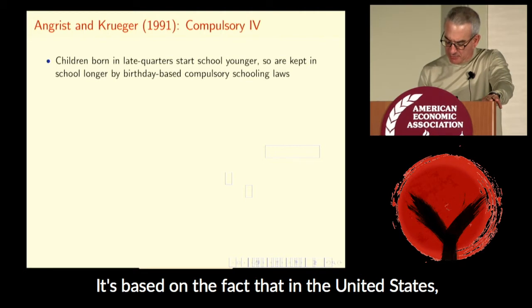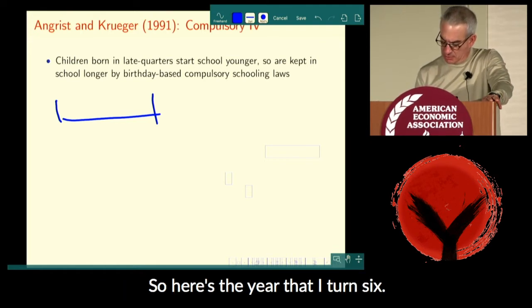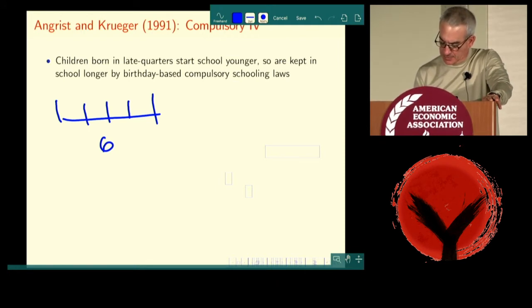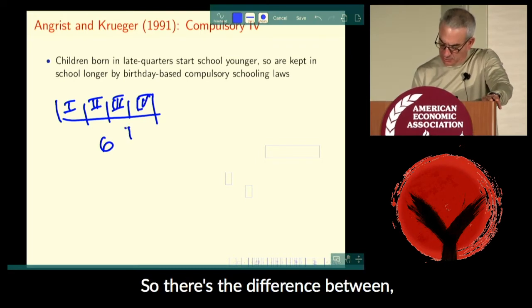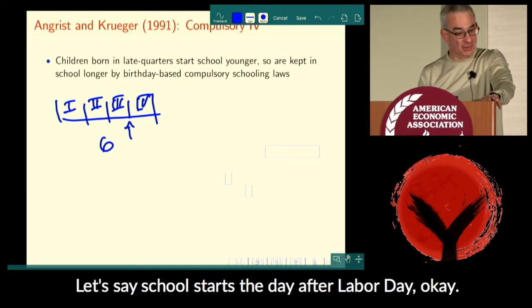It's based on the fact that in the United States, most kids start school in the year they turn 6. So here's the year that I turned 6. And the year is divided up into quarters. And school starts here. There's Labor Day. Let's say school starts the day after Labor Day.